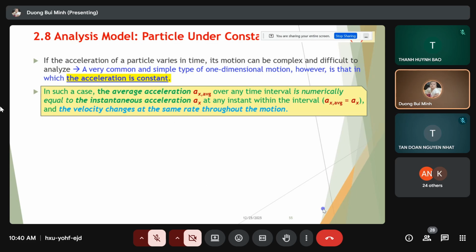Okay, continue. Now we discuss section 2.8. This section is very important, and we have the final exams in relation to this section. We discuss the particle under constant acceleration. We assume that the acceleration is constant.